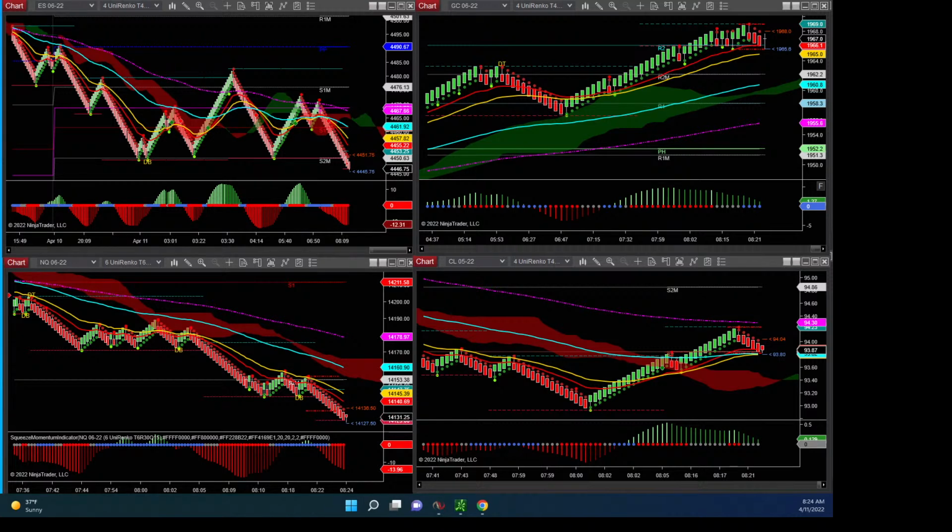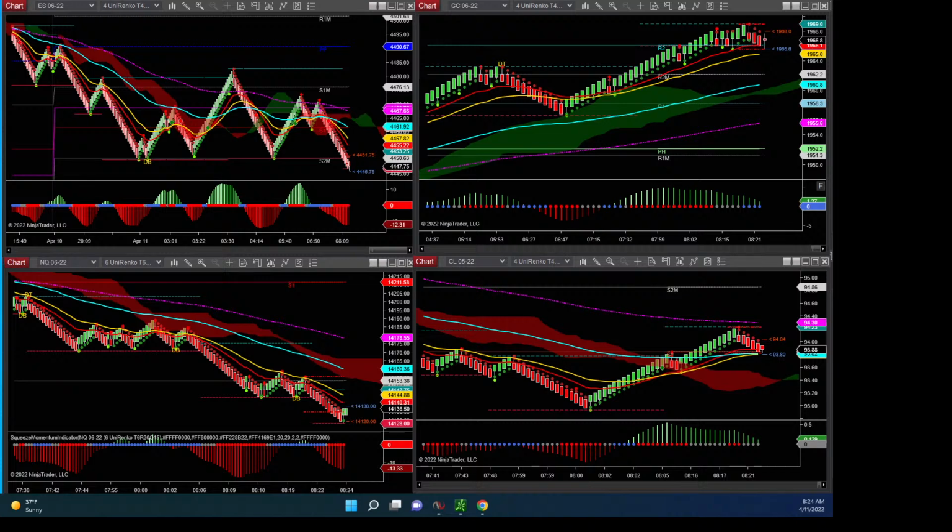If it goes there, I would be in, even though there's no push in the momentum, really. But we'll see. Yeah, it's moving down actually.